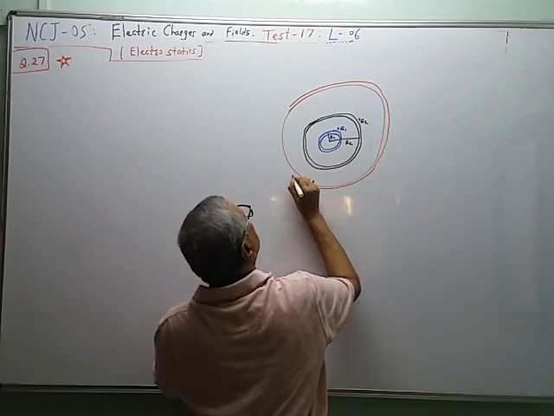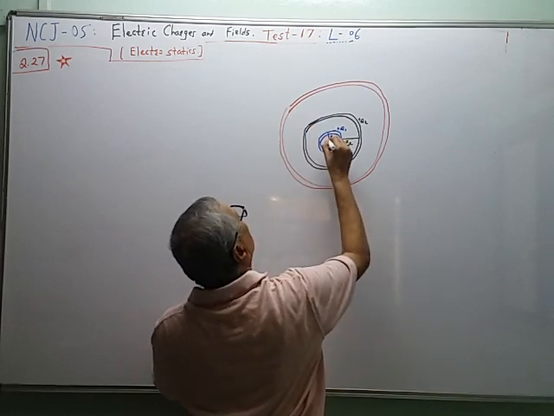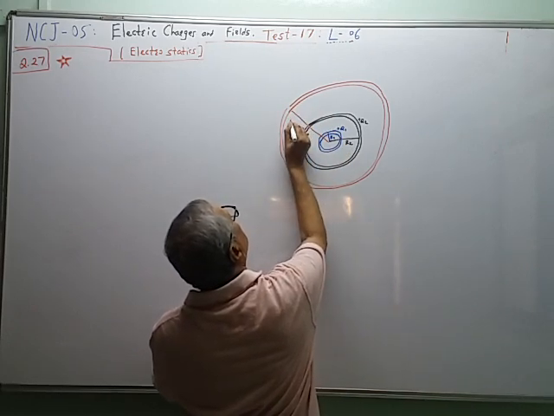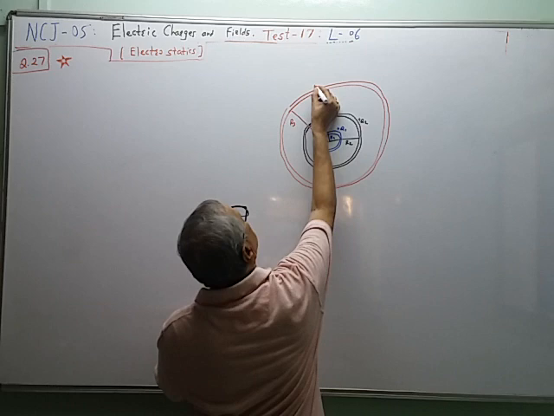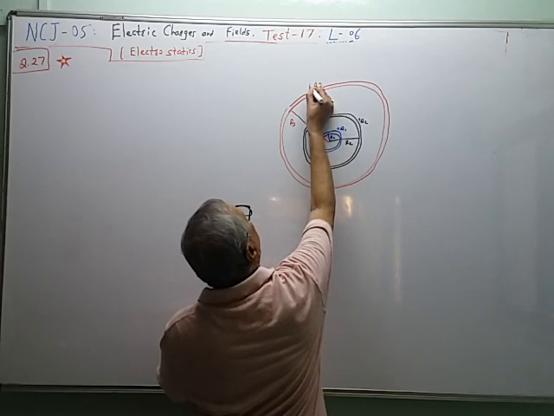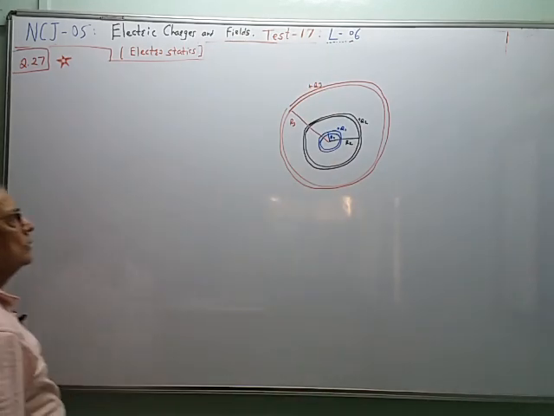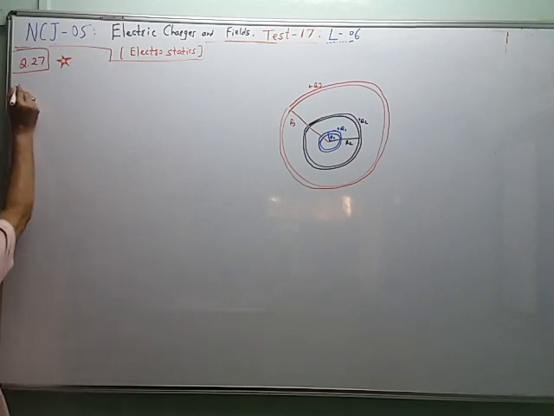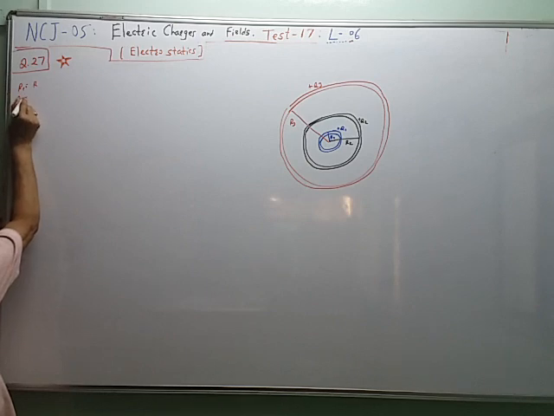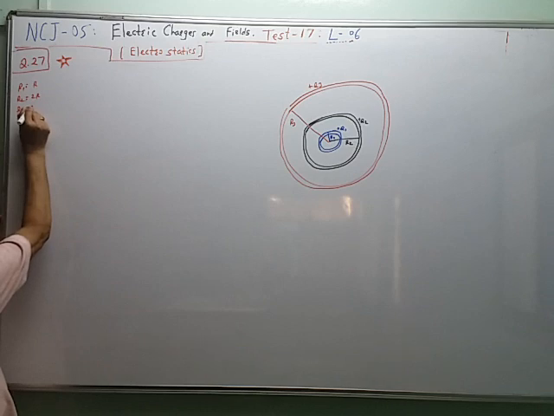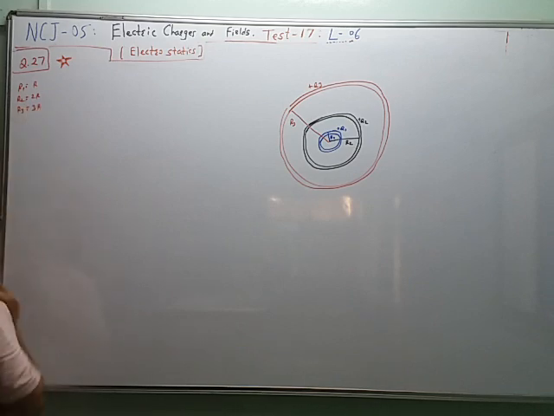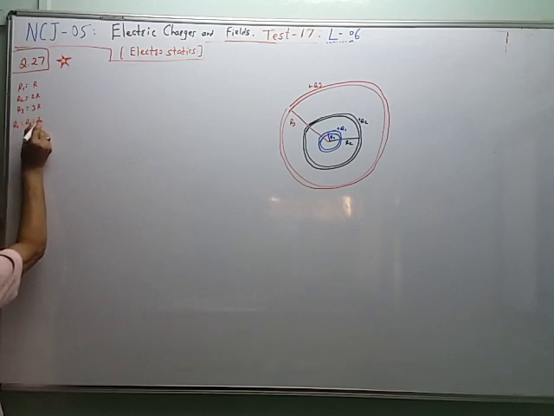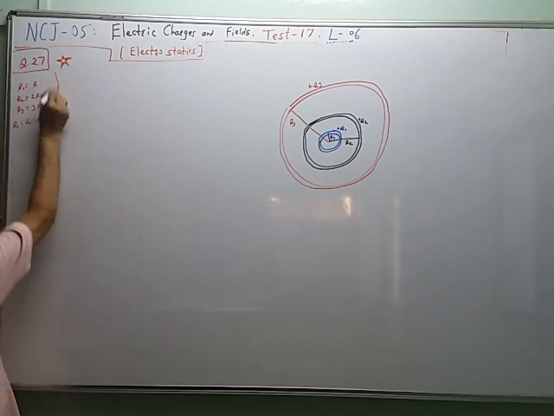This is the third spherical shell whose radius is R3, and the charge is Q3. So given R1 is equal to R, R2 is equal to 2R, R3 is equal to 3R, and Q1 to Q2 to Q3 is equal to question mark.